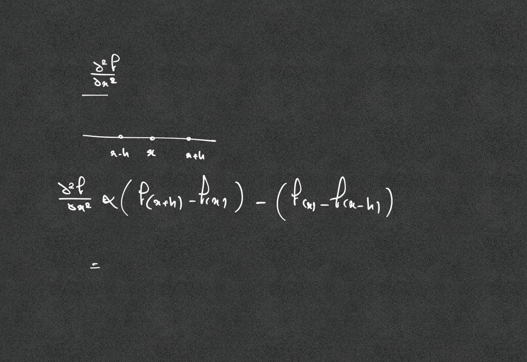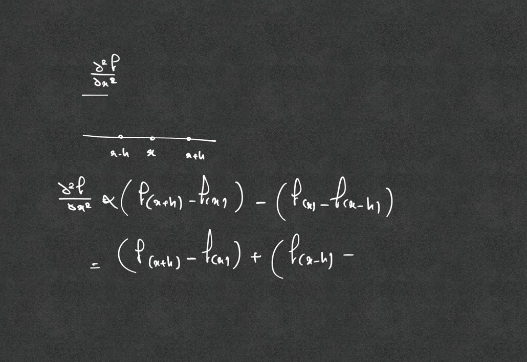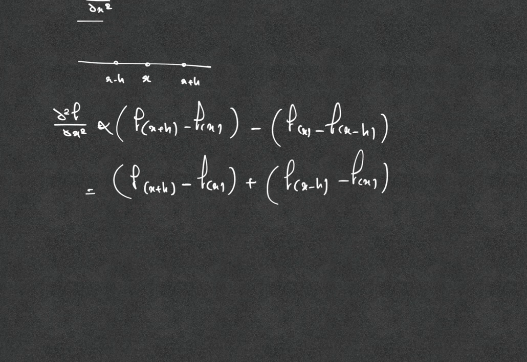Now, if you focus on f(x), you can see you have this. Again, focusing on x as a central node, there is this negative sign relationship between the discrete version of the Laplacian and the continuous version.